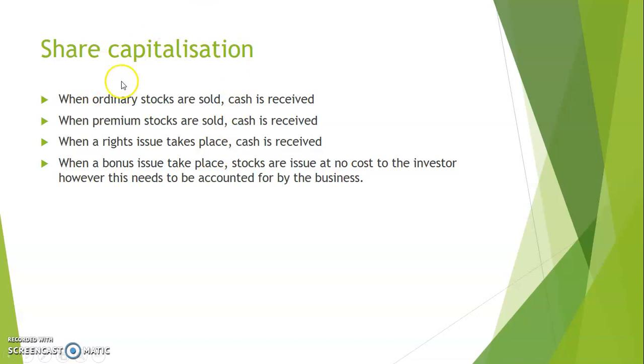So if a business sells stocks at par value or at nominal value, at the base price, they are going to sell those stocks and they are going to receive money. So expect when stocks are sold that ordinary shares will go up. Okay, the value of ordinary shares will go up, and money in the bank will also go up.